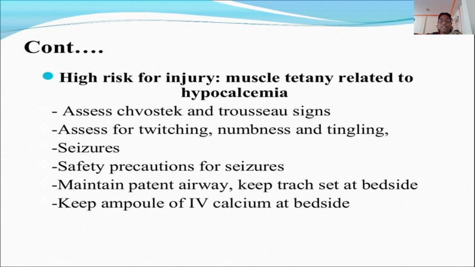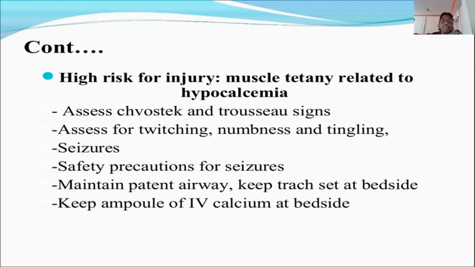If the patient is conscious and at the same time having seizures, we have to keep the oral airway, to prevent aspiration and tongue bite, and to remove secretions easily with the help of the airway.